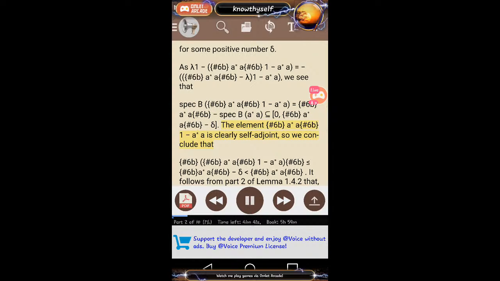The element ‖A‖(1 − A) is clearly self-adjoint, so we conclude that ‖A‖(1 − A) is less than or equal to ‖A‖ − δ, less than ‖A‖.